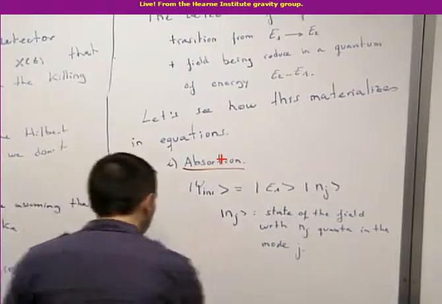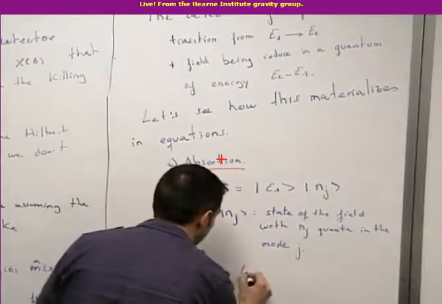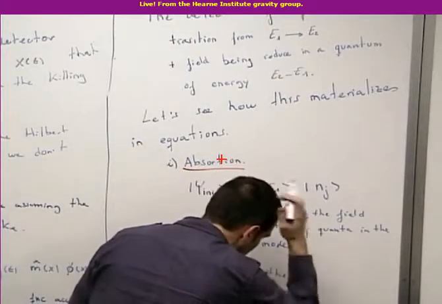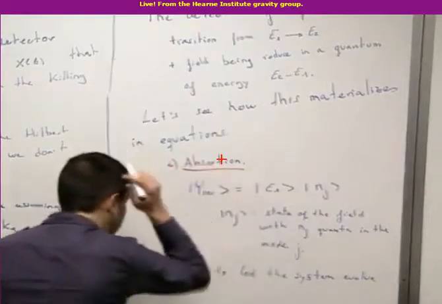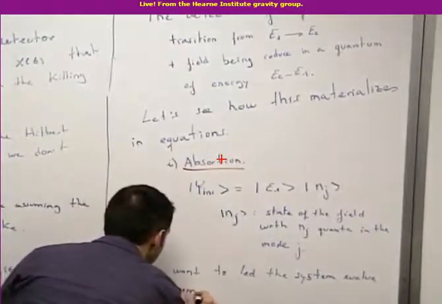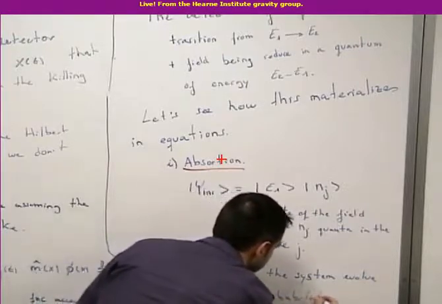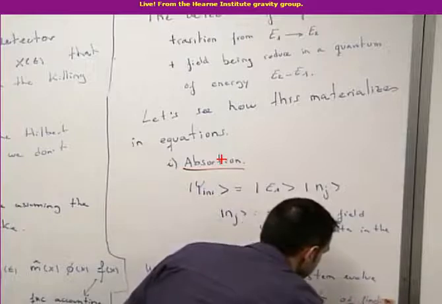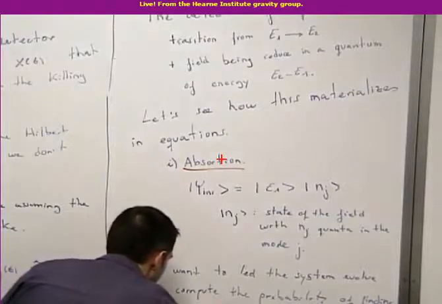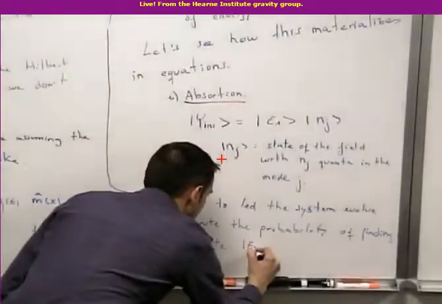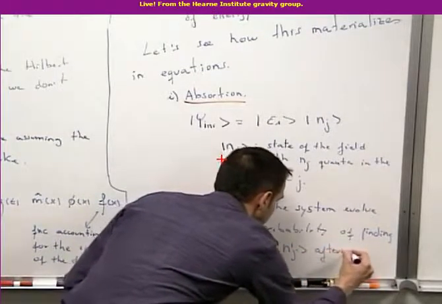So what we want to do, we want to let the system evolve, both the field and the detector, and compute the probability of finding it in the state E2, n'_j after some time.